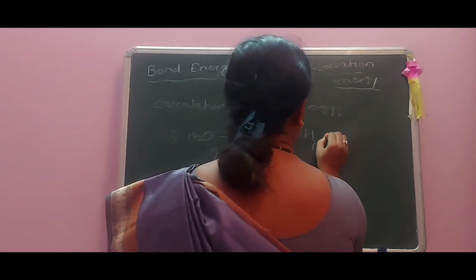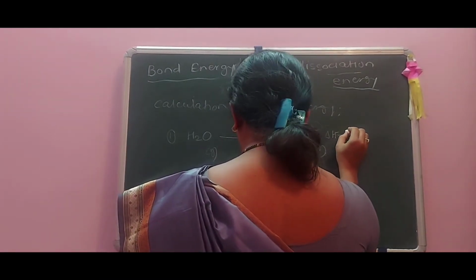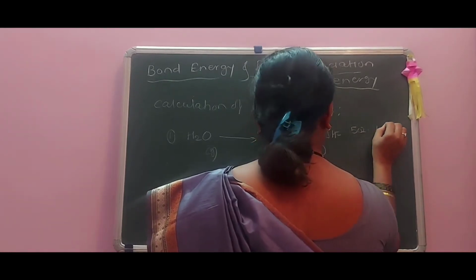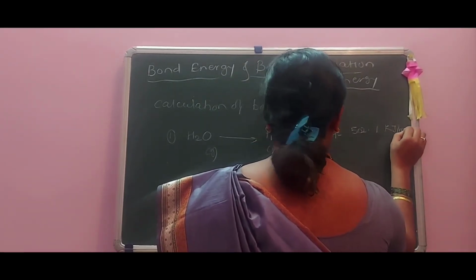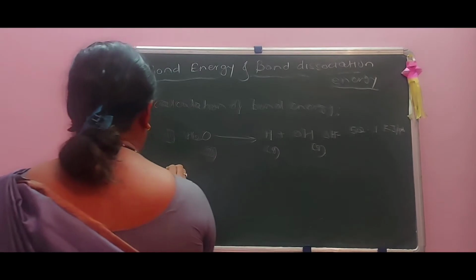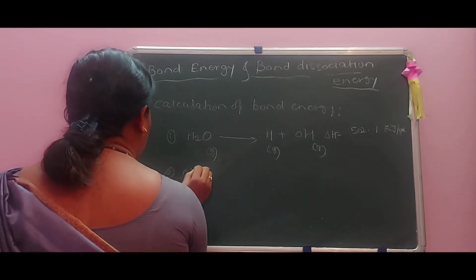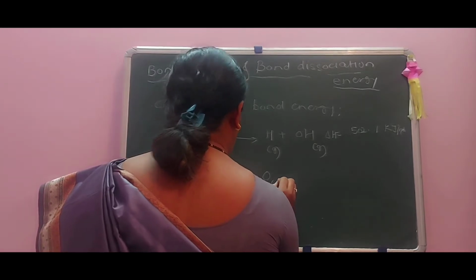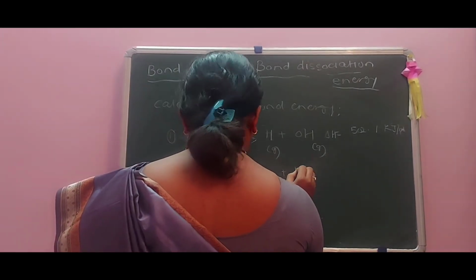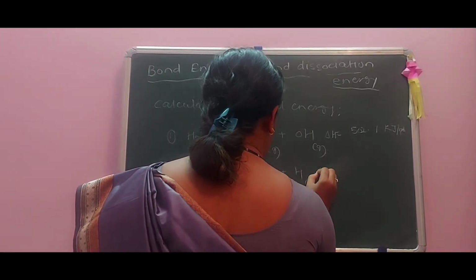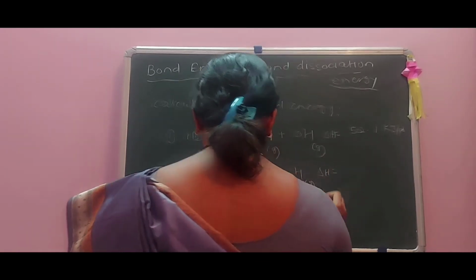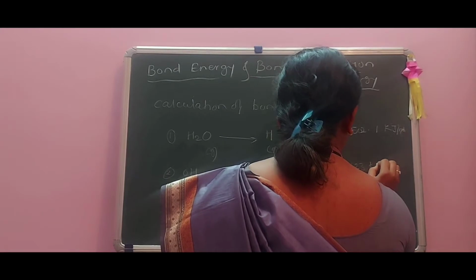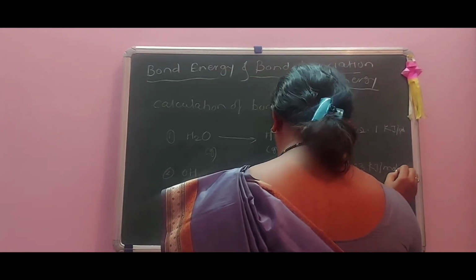Here delta H is equal to 502.1 kilojoule per mole. Second reaction is OH in gaseous state gives rise to O in gaseous state plus H in gaseous state. Here also delta H is equal to plus 423 kilojoule per mole.